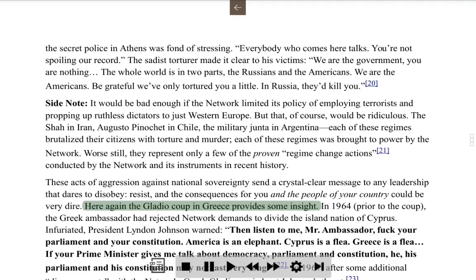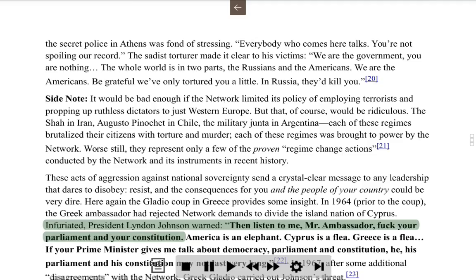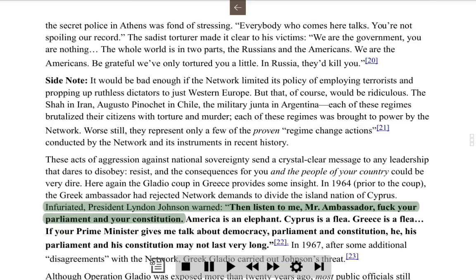Here again the Gladio coup in Greece provides some insight. In 1964, prior to the coup, the Greek ambassador had rejected network demands to divide the island nation of Cyprus. Infuriated, President Lyndon Johnson warned, "Then listen to me, Mr. Ambassador, fuck your parliament and your constitution.